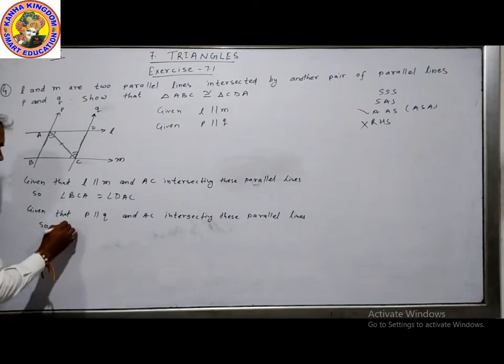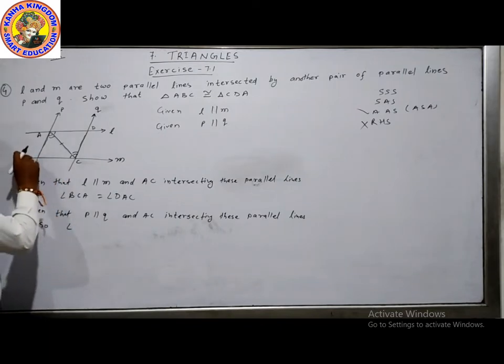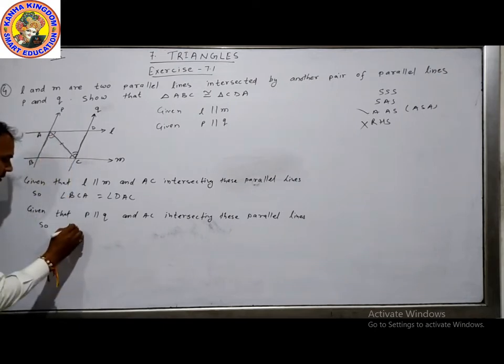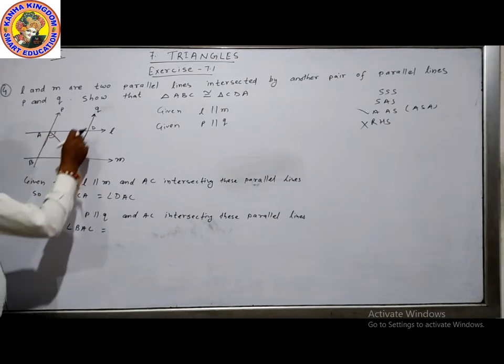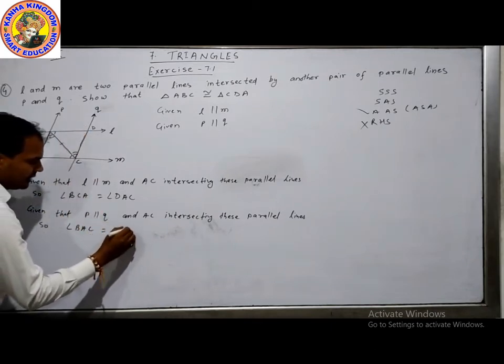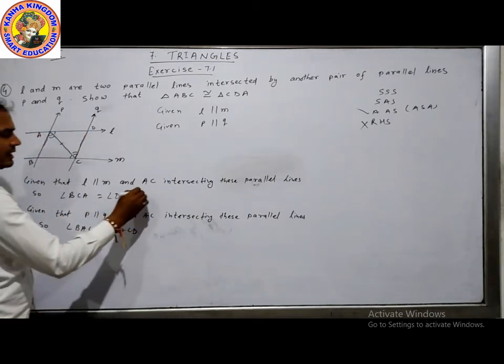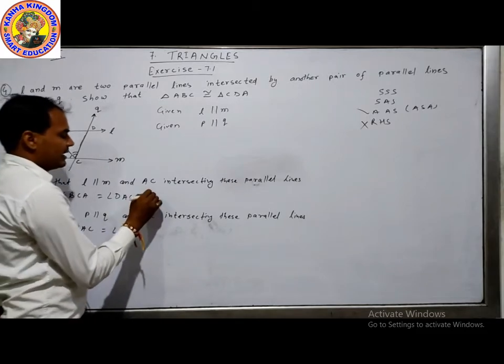So angle BAC is equal to angle ACD. Why? Because these are alternate angles.